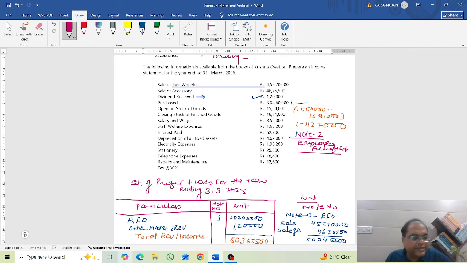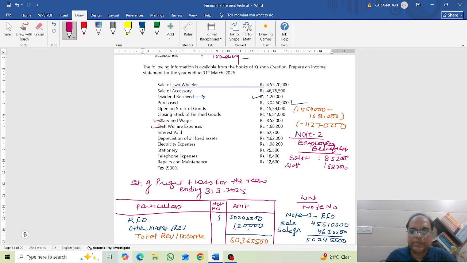So salary and wages is given. Salary and wages, how much? This is 8,52,000. Done. Second is staff welfare expenses. This is 1,68,200.